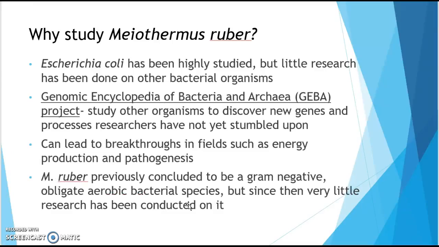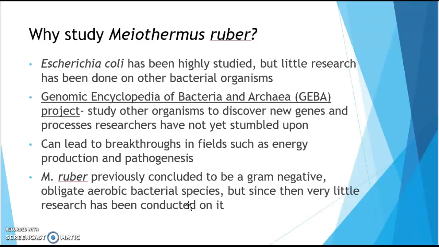In order to begin to understand my project, you first must understand why I chose to study Myothermus ruber in the first place. So it is known that E. coli has been used as a model organism for a number of different research projects because it is so well known and so well studied. But little research has been conducted on other bacterial organisms.